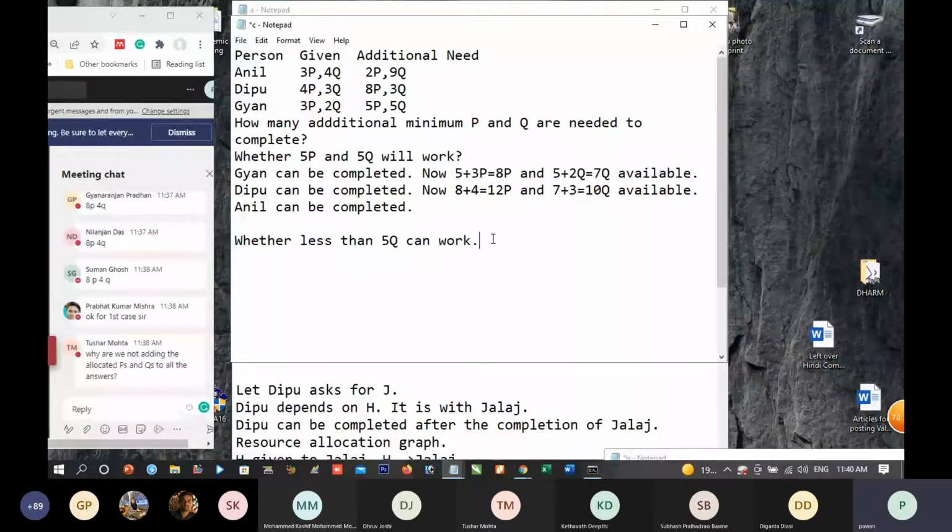Let 8P and 3Q be available. Deepu can be done. 8 plus 4 equal to 12P. 3 plus 3 is equal to 6Q available.